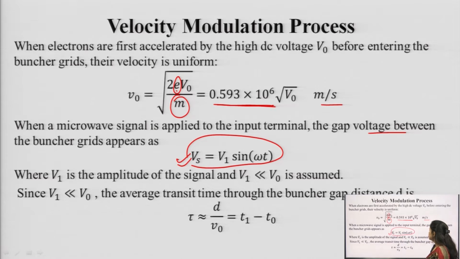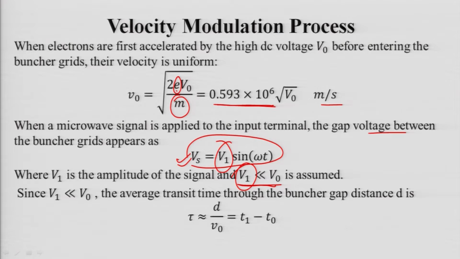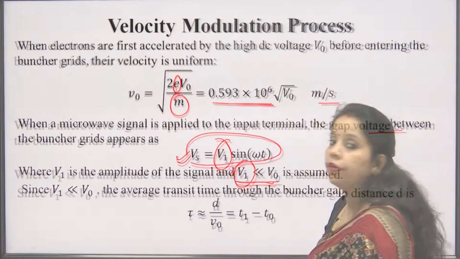Now this V1 is the amplitude of the signal, and V1 is very much less than V0, because that is why we say that we have to amplify it. Since V1 is very much less than V0, the average transit time across the buncher gap distance d is given by tau equal to d upon v0.